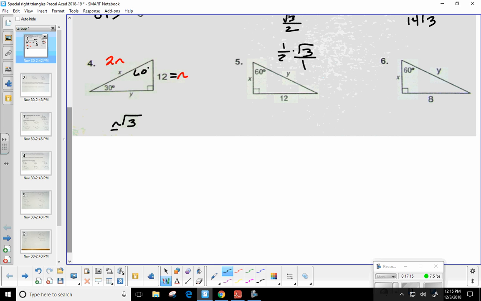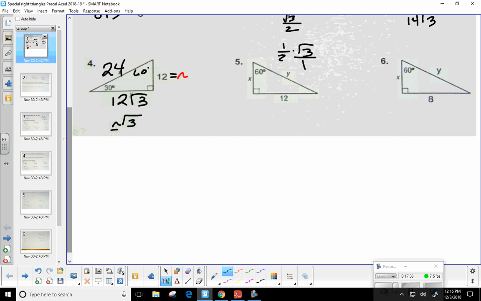So I'm only going to replace that variable. So it'd be 12 square root of 3. There we go. Perfect. Okay. And Christian, the hypotenuse is 2n, but I know n is 12. So the hypotenuse has to be 24.